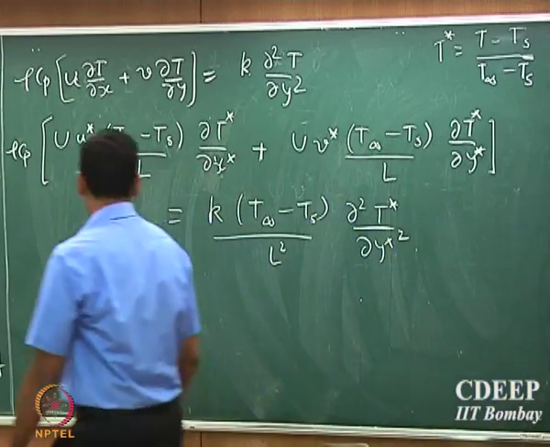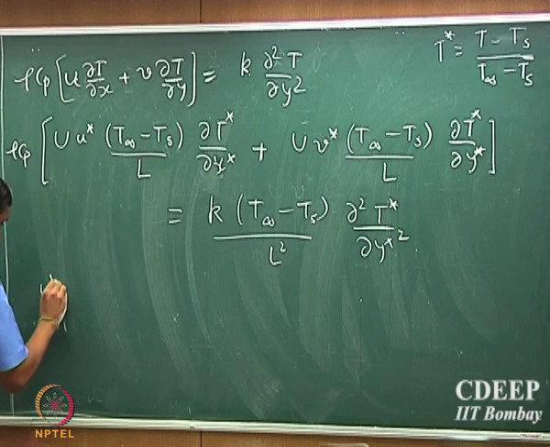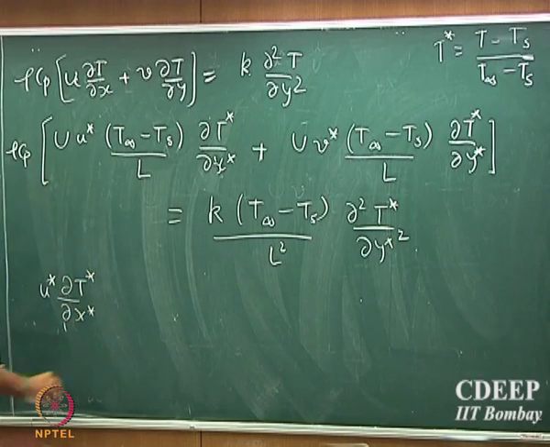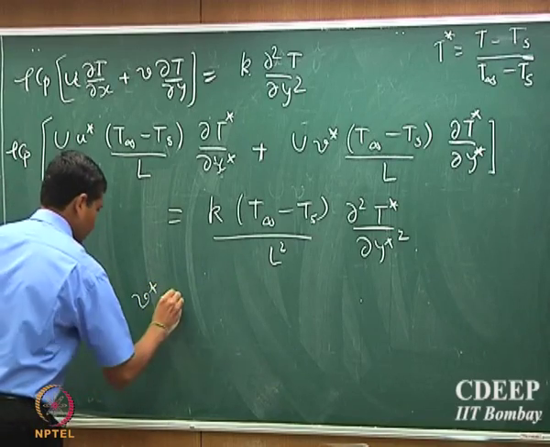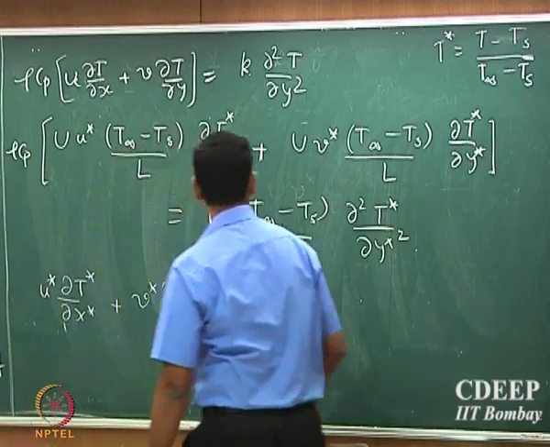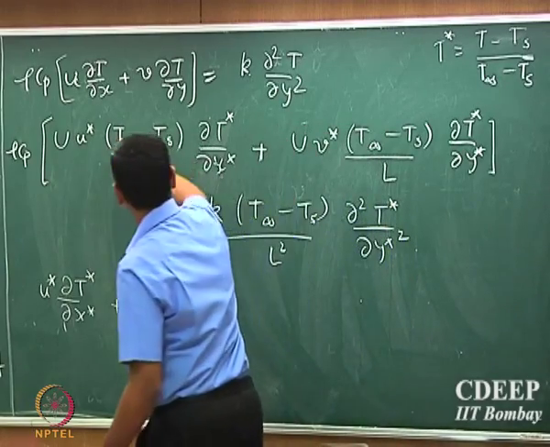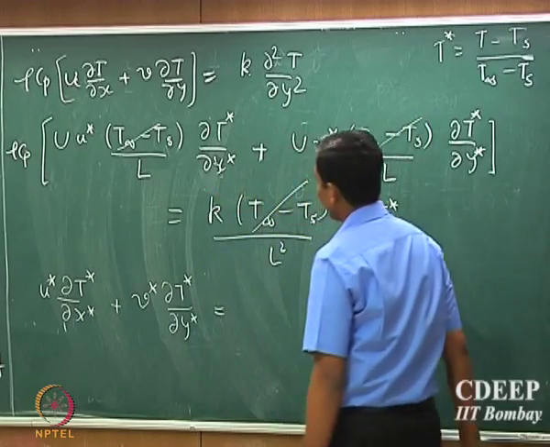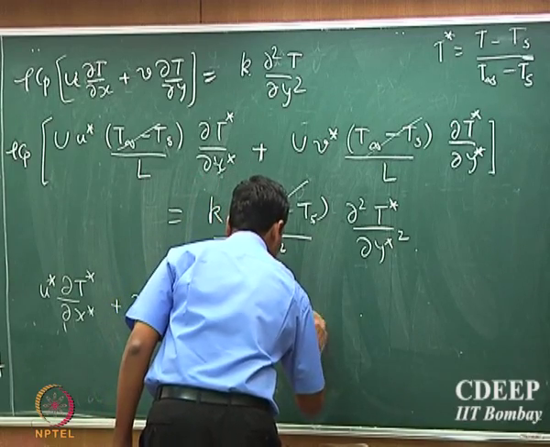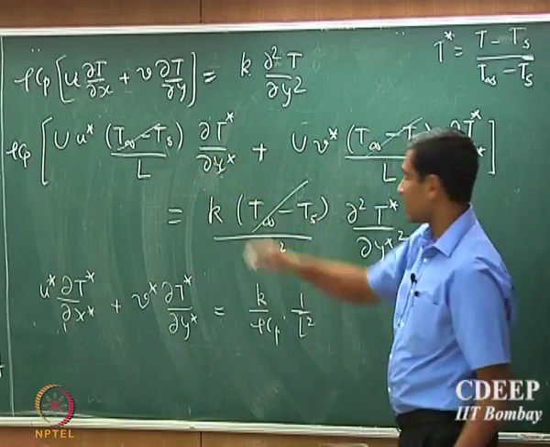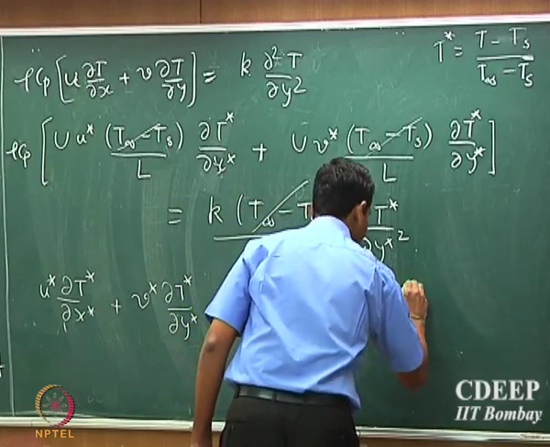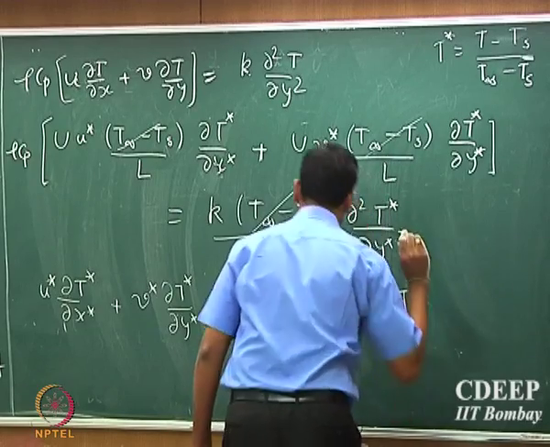So now if I do the algebra, that will become u star into dT star by dx star plus v star dT star by dy star, that should be equal to, so the T infinity minus Ts will cancel out, and so you will have k by rho Cp into 1 by L square, and so we get L by U from the other side, okay. So it will be L by U into d square T star by dy star square.